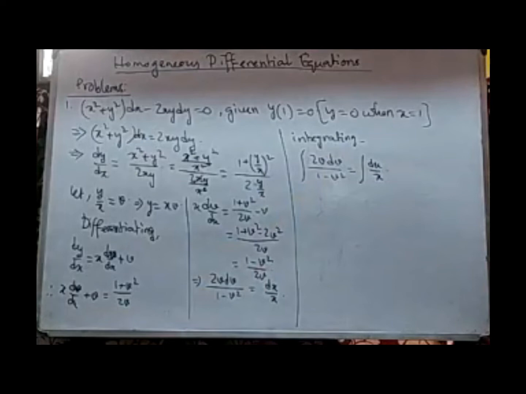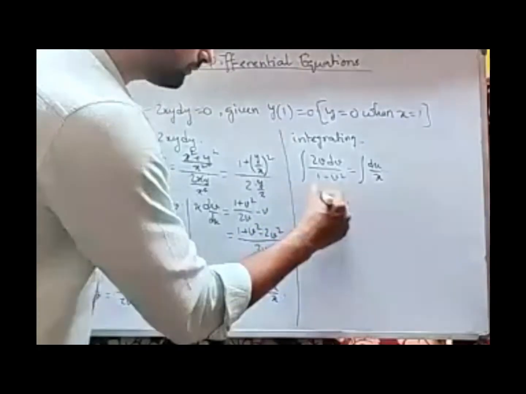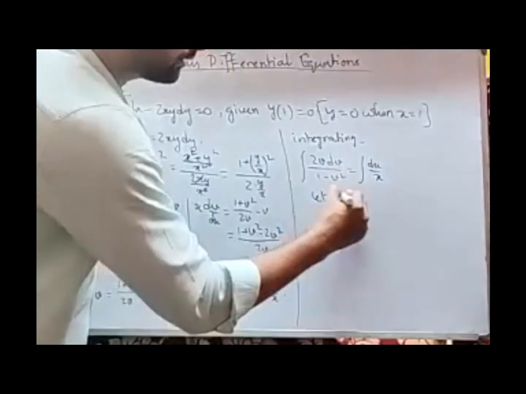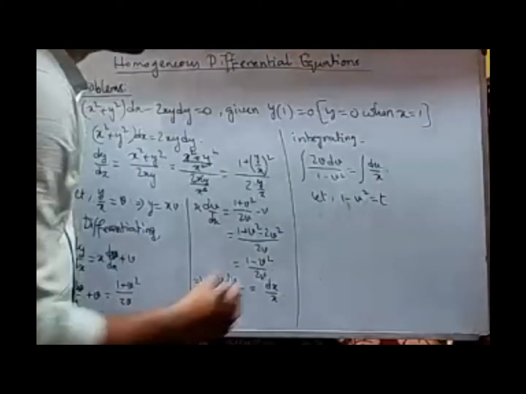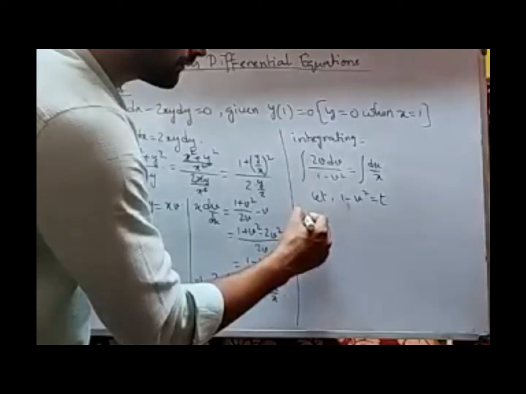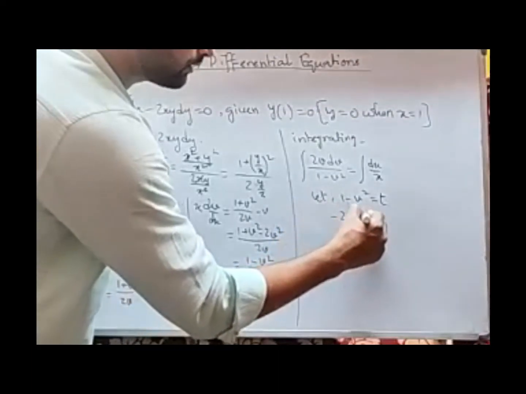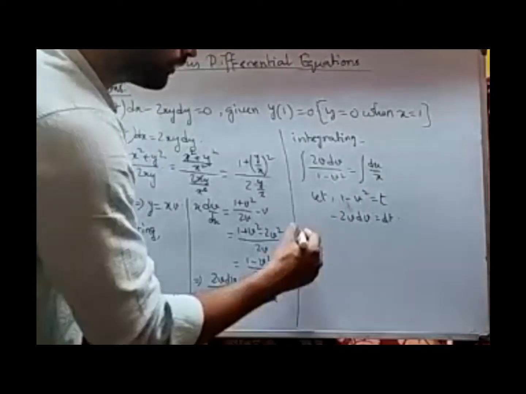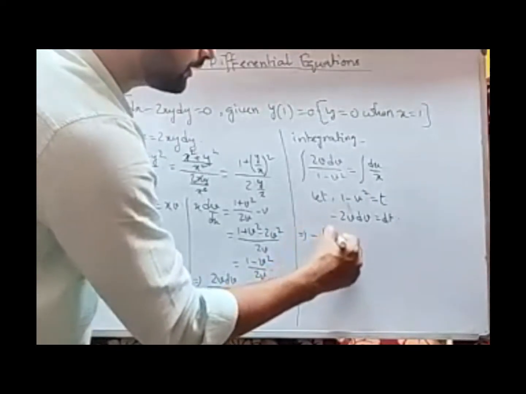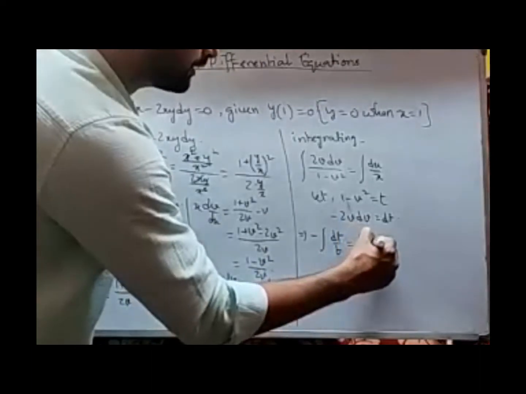Next, we have to integrate. So how can we integrate this? Let 1 minus v square equal t. Then this minus 2v dv will be dt. So when you put it here, it should be minus dt by t, and it is dx by x.